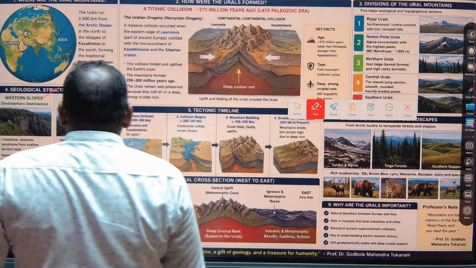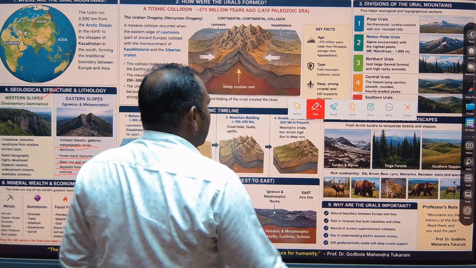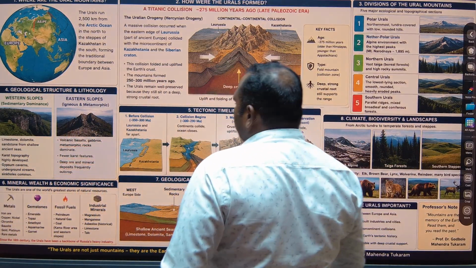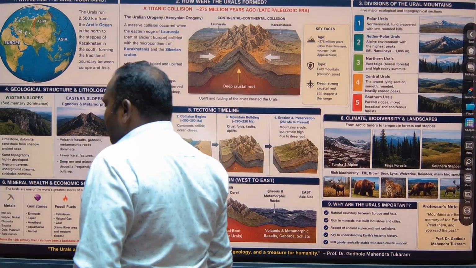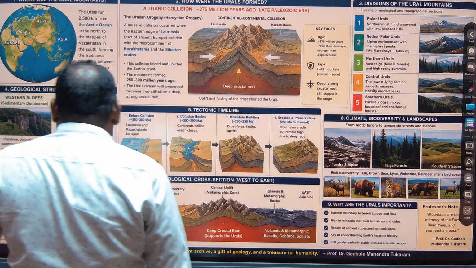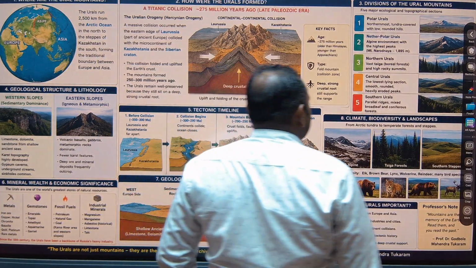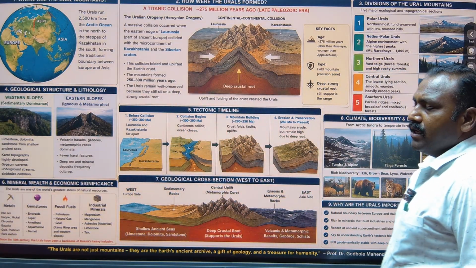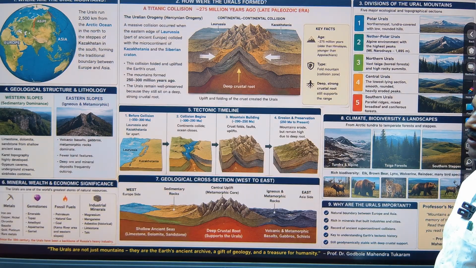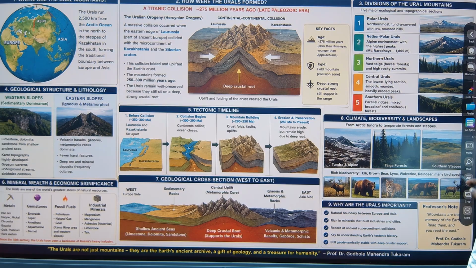While talking about mineral wealth and economics, what are the minerals situated in these regimes? The minerals are metals and non-metals, gems, as well as fossil fuels and industrial minerals, which are very prominent in this region.